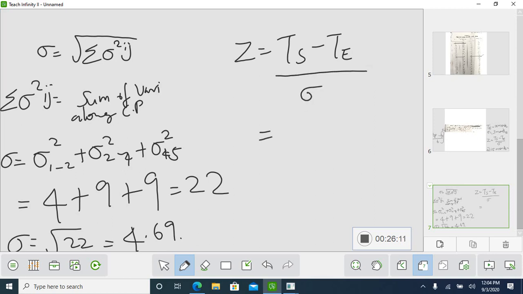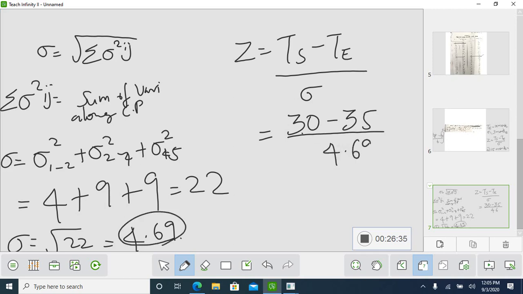What is TS? TL equal to TS, that is 30, which we found, minus TE. They have given 35 days in the question. So the earliest expected time is 35, divided by this 4.69.